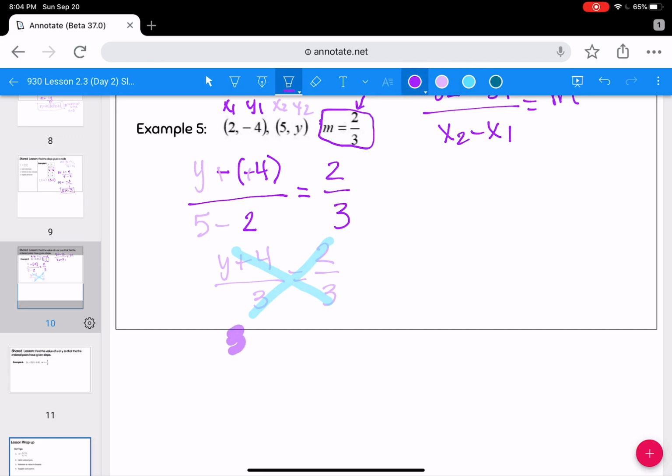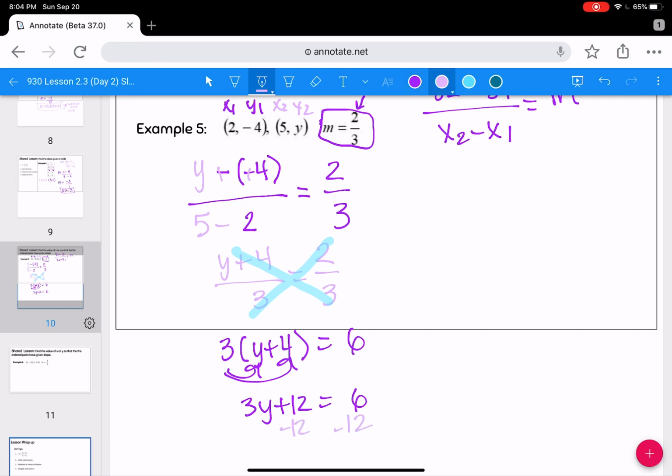So I'm going to cross multiply here. I have 3 times y plus 4 is equal to 6. Now I'm going to distribute the 3 to the y and 4. We get 3y plus 12 is equal to 6. Then we subtract 12 to the other side. We get 3y is equal to -6.